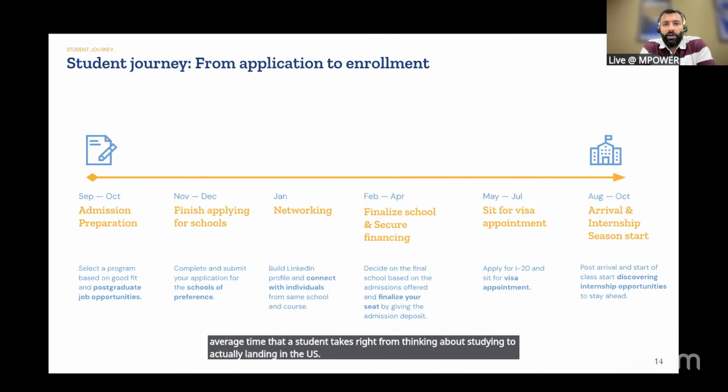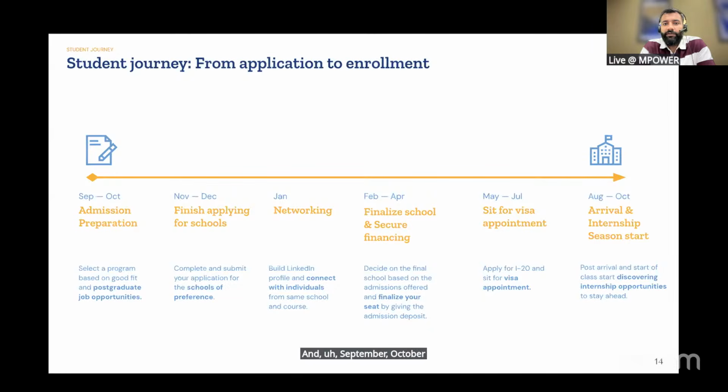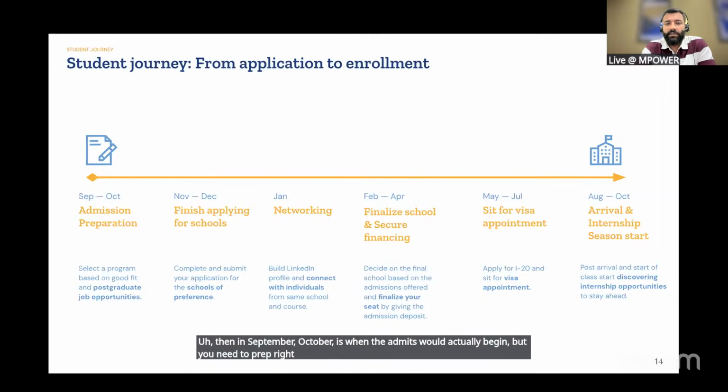And if you're planning for, say, fall 27, then September, October is when the admits would actually begin. But you need to prep right now. I mean, the earlier the better. But if you are a fall 26 applicant, right now, this is where you would be.